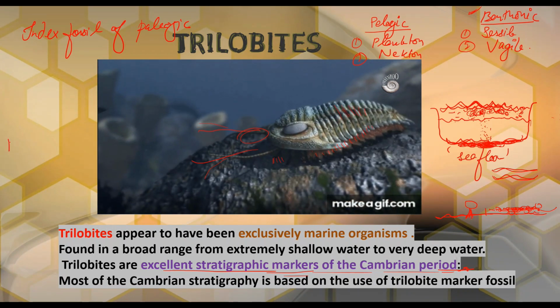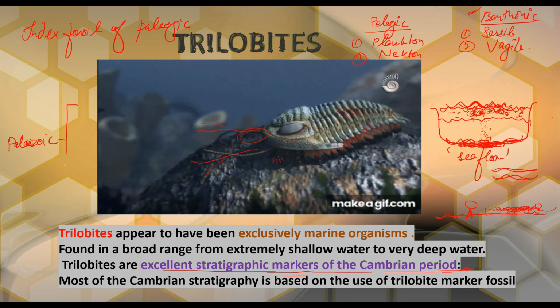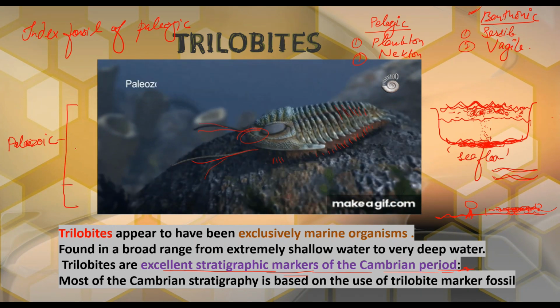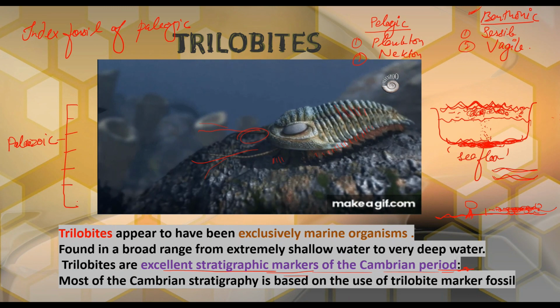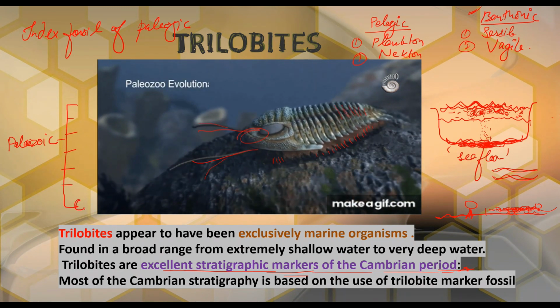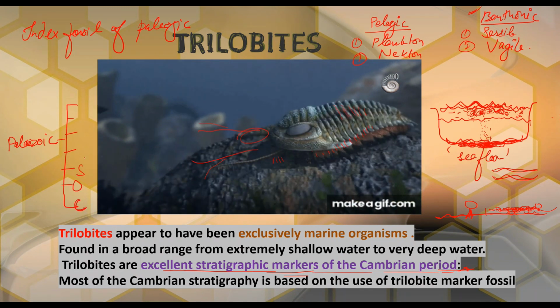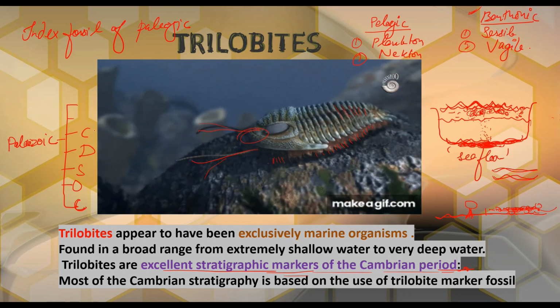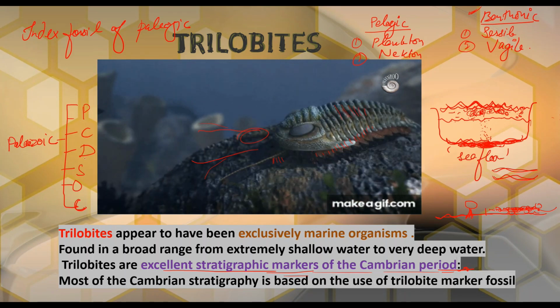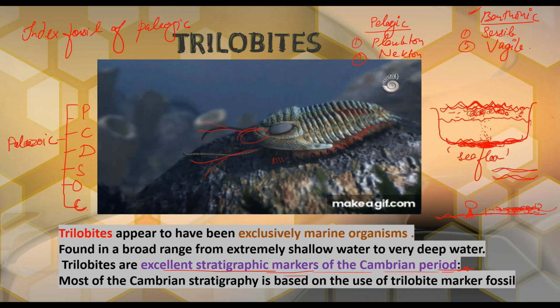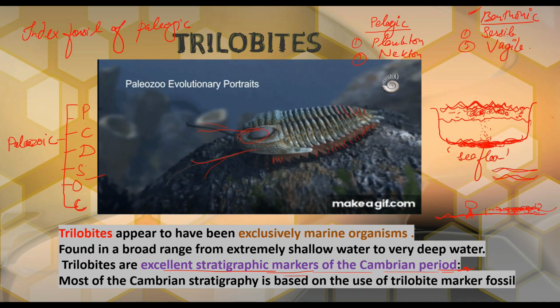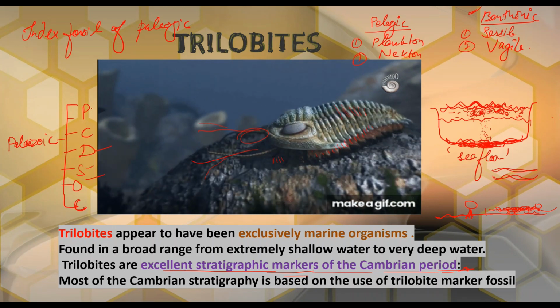Suppose this is the Paleozoic, and the divisions of the Paleozoic, guys, you know, is COSDCP, right? Cambrian, Ordovician, Silurian, Devonian, Carboniferous and Permian.